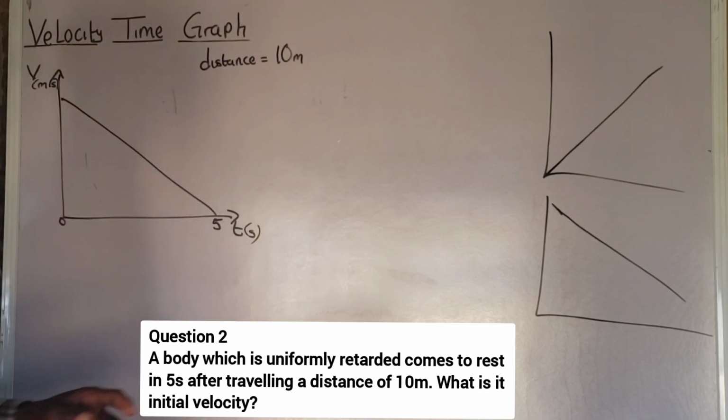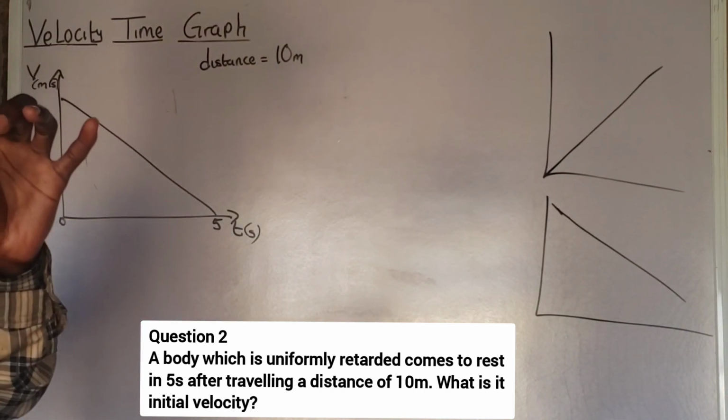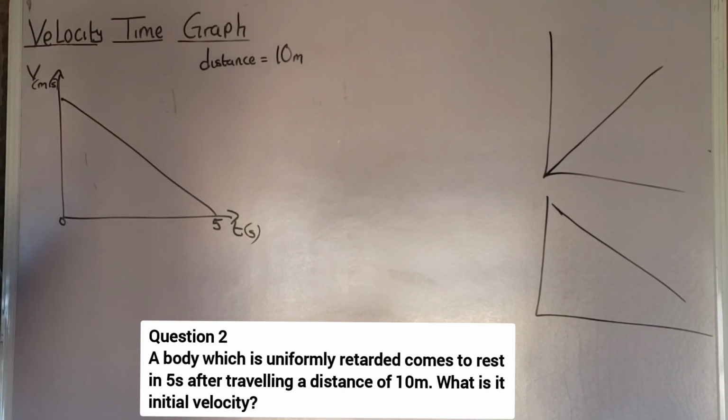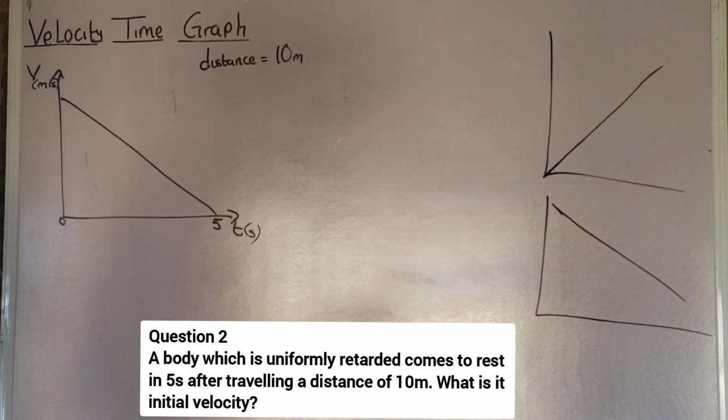We are given that the distance covered is 10 meters. Now, in a velocity time graph, the distance covered is the area of the shape. You understand? The area of the shape that we have in our velocity time graph is the distance covered. Now, what is the name of this shape? The name of the shape is triangle. And the area of a triangle is given by half base times height. You understand? The height there is the velocity.